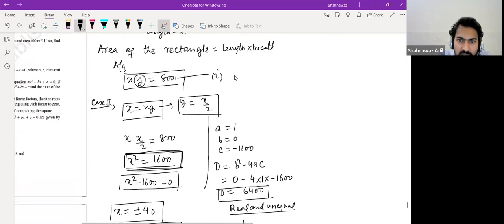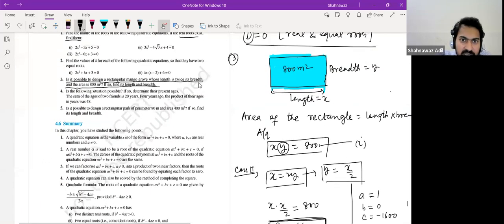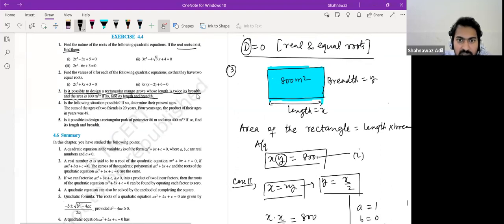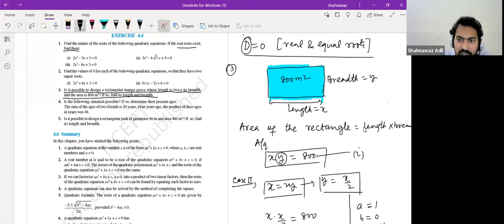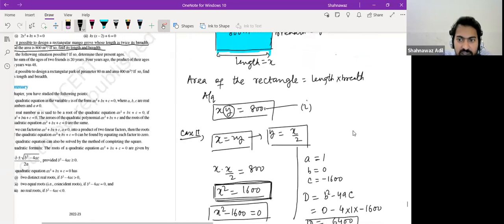Length is 2x and breadth will be x. Is equal to 800. Then we did 2x squared equals 800.